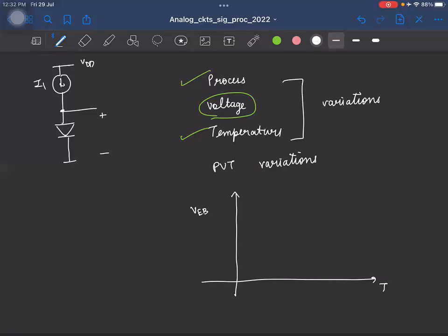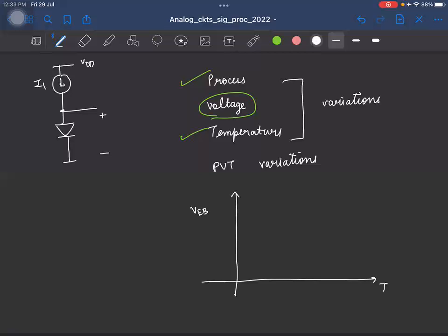Will it remain constant? Will it increase, decrease? I mean, it can do three things, right? Constant, increase, decrease. Okay, we'll see.